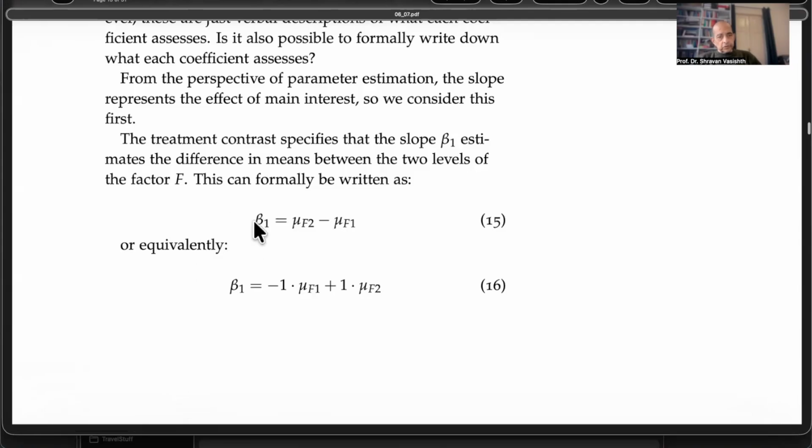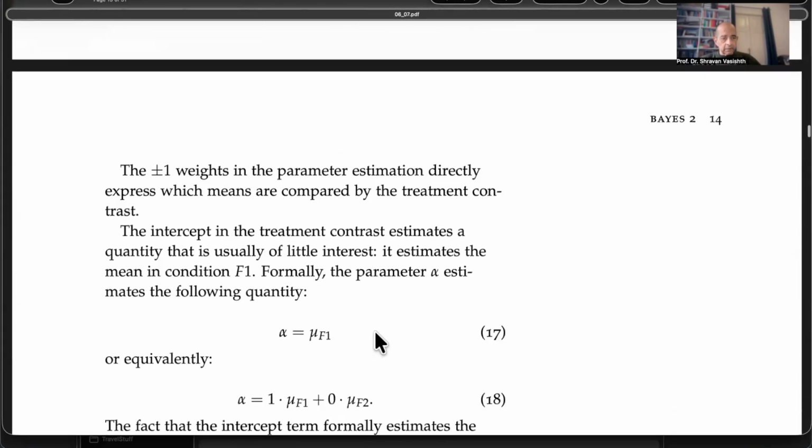And of course you could write this out differently. You could write -1 plus 1 as coefficients to the means of F1 and F2. So the difference between F2 and F1 would come out to be this quantity here, and that's why the slope has the meaning that it's the difference between the two levels, right? These are two equivalent ways to think about this. This will become relevant later on, okay? So I could write this equation like this, and it would still be the same statement.